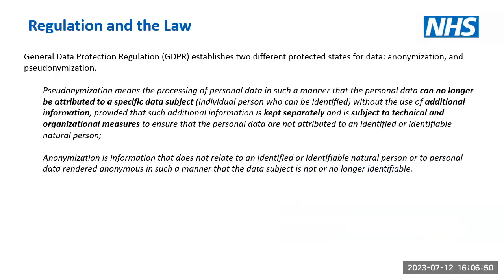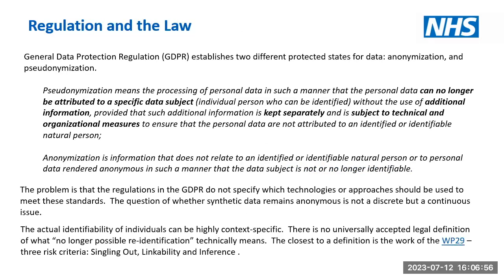Okay, last couple of ones, regulation and law. I don't want to go into this too much, but the main statement is actually this one here. The problem is that regulations in GDPR do not specify which technologies or approaches should be used to meet the standard of anonymisation or pseudonymization.